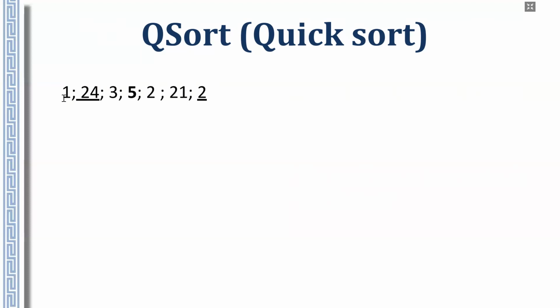That's why, how do we do it? We just move the left pointer to the right until it finds an element that is bigger than 5. And we move the right pointer from right to left until it finds an element smaller than 5. And when we find them, we just swap them and continue moving our pointers.